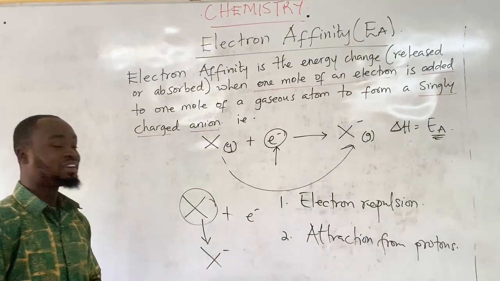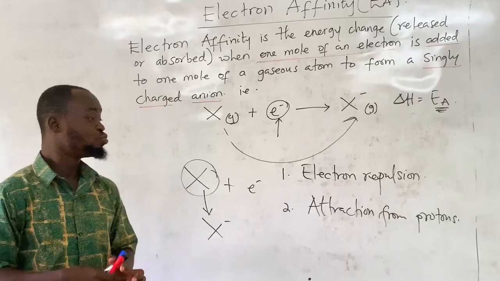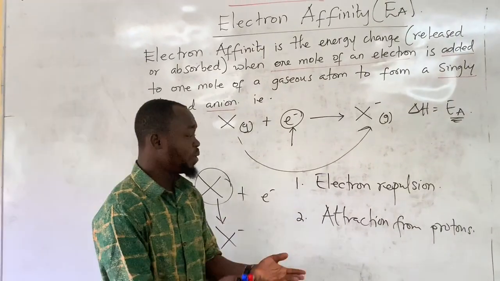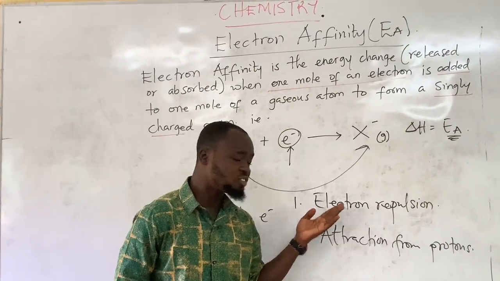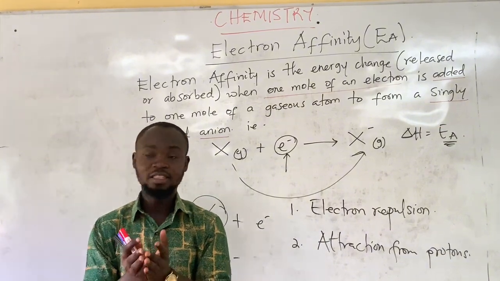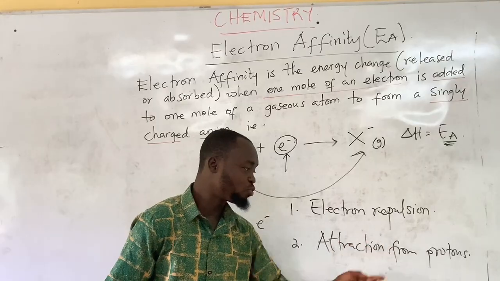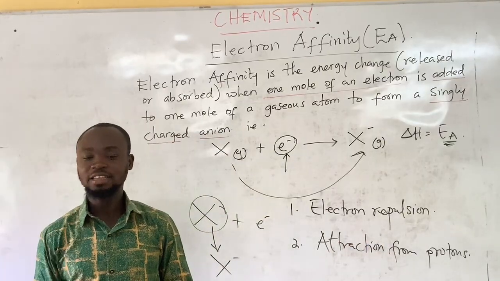So anytime there's an addition of an electron to a neutral atom, there is going to be electron repulsion caused by the negatively charged electrons which already exist in that atom. And also there will be attraction from the protons for the added electron.